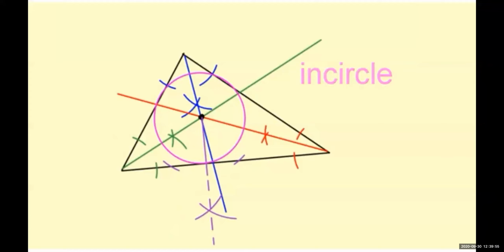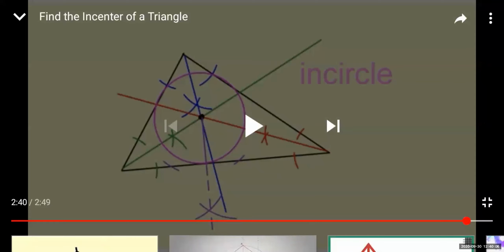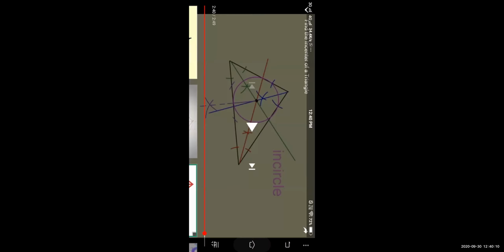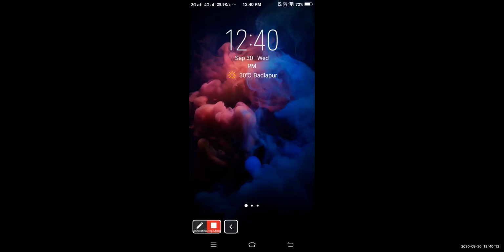So construct the angle bisector properly. So this is the incircle. The concept of incircle is clear, I hope. Okay, getting it? Okay, fine.